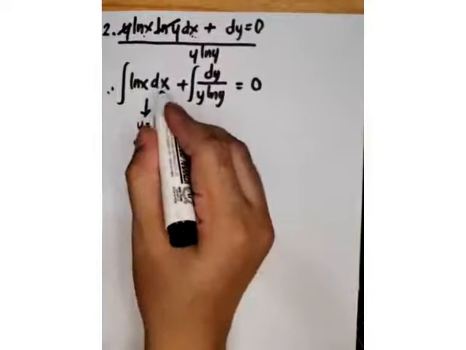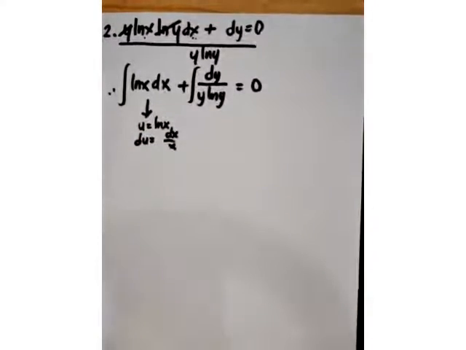Di ba wala naman denominator na x, so hindi natin siya pwedeng i-power. Ang naisip ko lang ay by parts na agad. Yung parang second lang. Okay? By parts na. Tama ba?